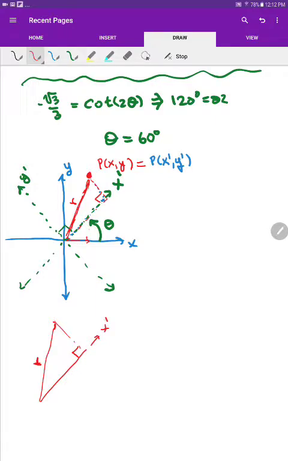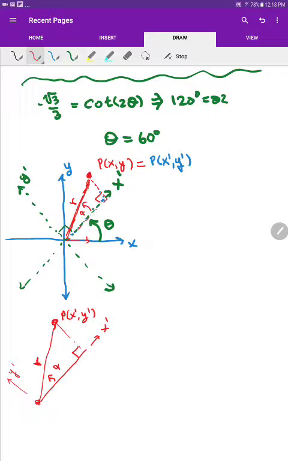This would have been our x prime axis. This is our y prime axis, for example. So this point P of x prime, y prime, which of course is also equal to P of x, y, there's going to be some angle here, alpha. This is the angle off of the x prime axis to r.